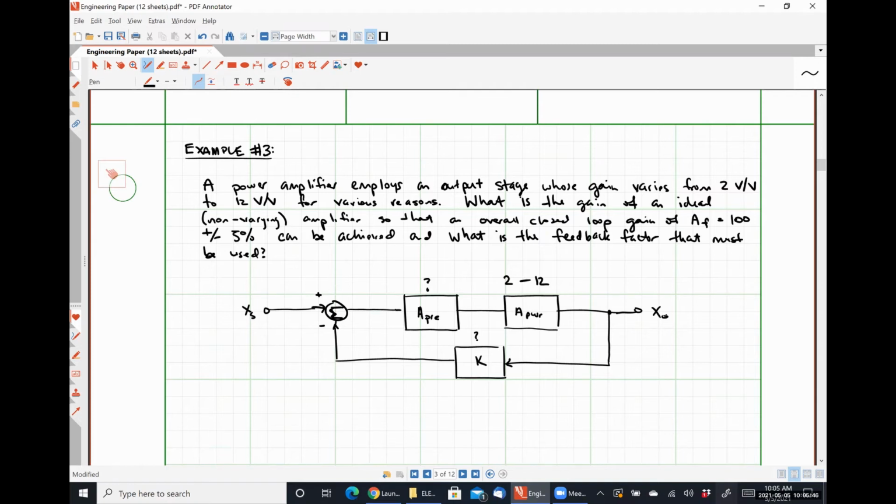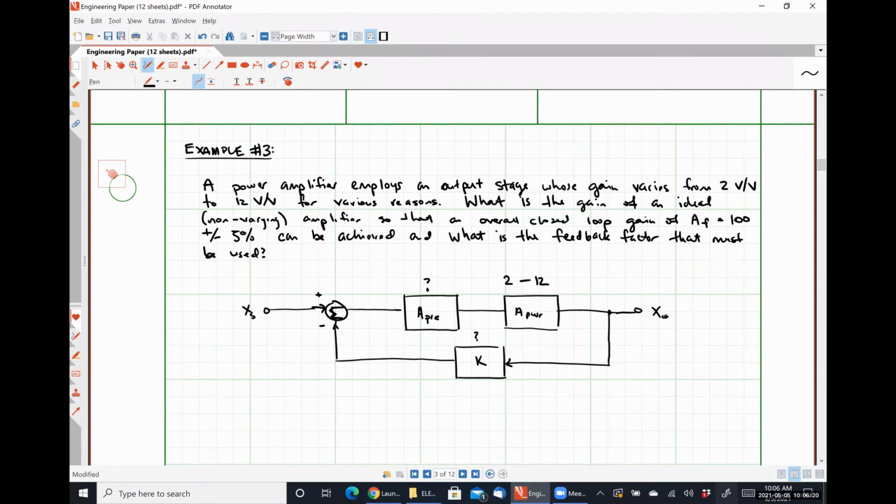Now, again, we know that the change in our open loop gain for our power amplifier is very, very large. So it's going to increase by 6 times as much, right? So we cannot use our differential relationship. So to not use our differential relationship, what we're going to have to do is look at simply the closed loop gain of this amplifier system and then use that to go from there.